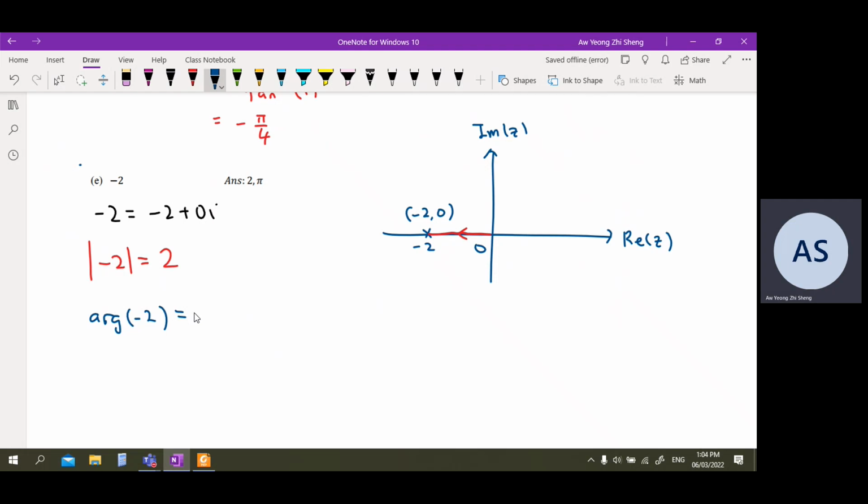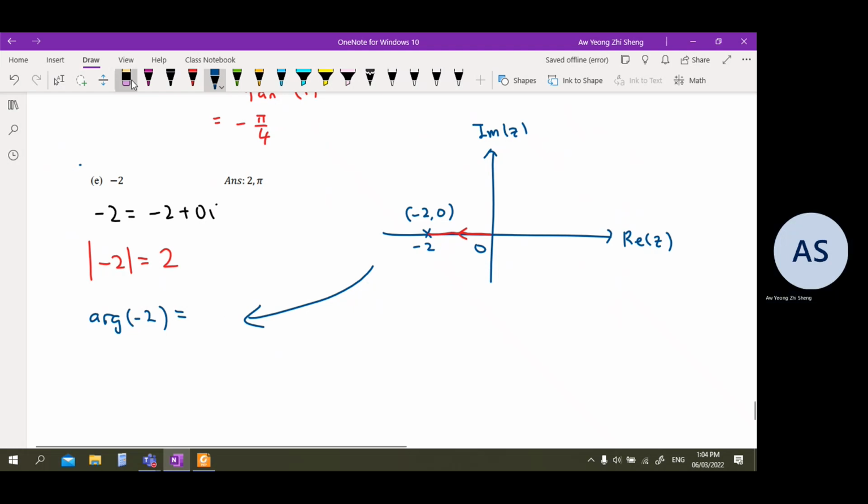And so for such questions, I will encourage you to draw out the Argand diagram, because that Argand diagram actually supports your answer. Or else you wouldn't have any working to show here.